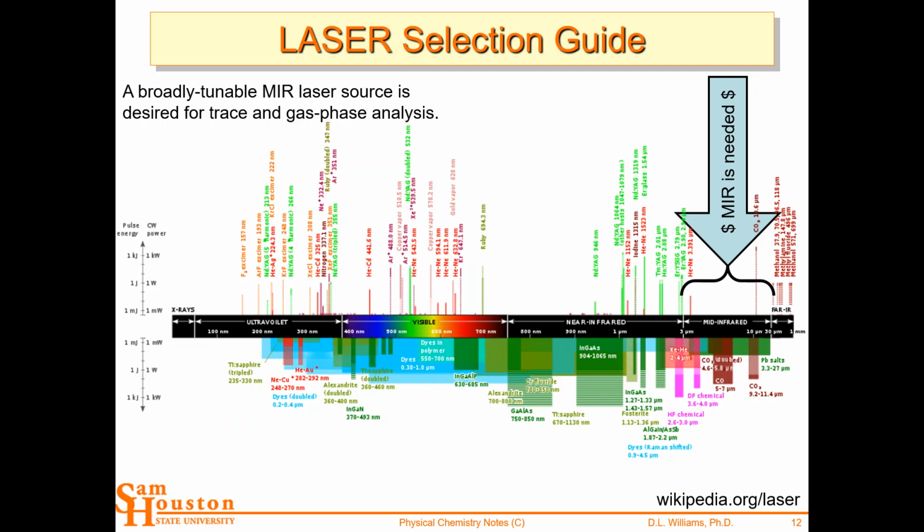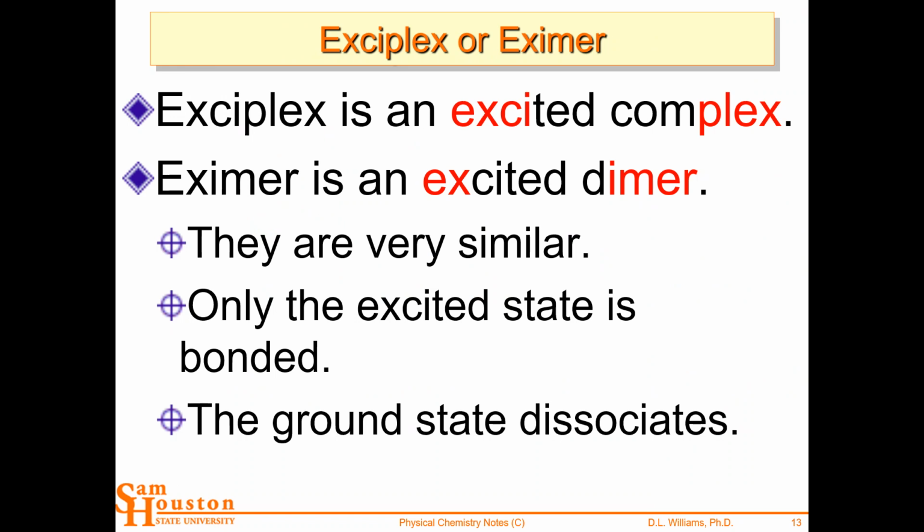If you could get these lasers to tune, one way is to change the dimensions of the diode, but that only gets you a few wave numbers. A lot of times they'll use dyes, and they'll use a grating inside the lasing cavity, and they'll change the resonant frequency of the cavity, and they can tune the wavelengths by putting a grating inside the lasing cavity. So that's another way to get tunable lasers.